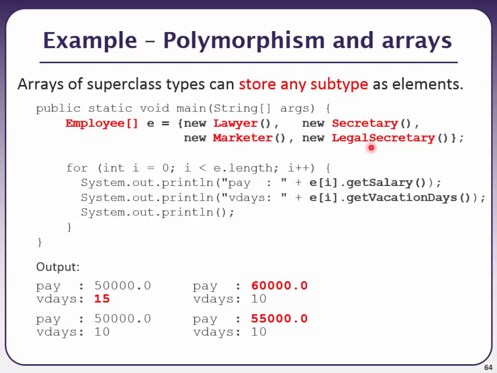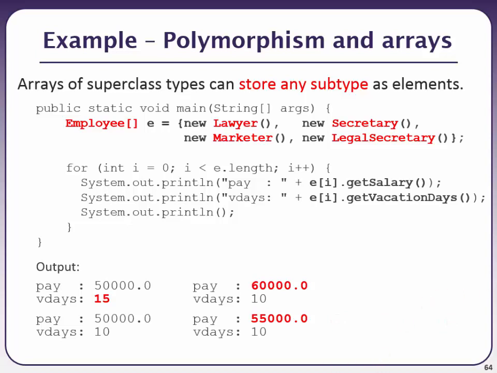And there's no limit. If legal secretary had a subclass called, I don't know, specialized legal secretary, then we could also put objects of that subclass into E, because E accepts any employee and any subclass, direct or not, of employee.